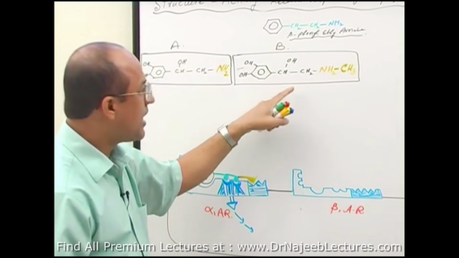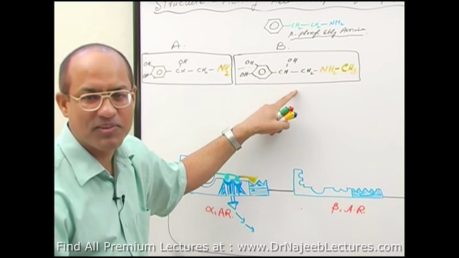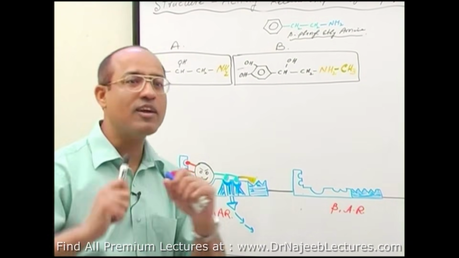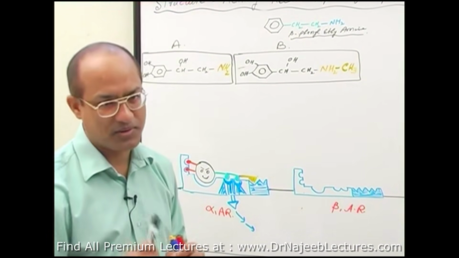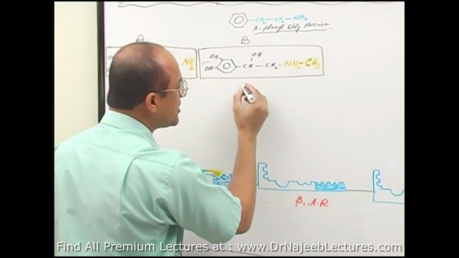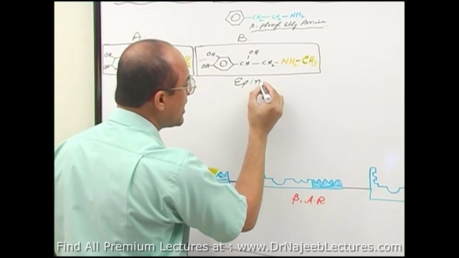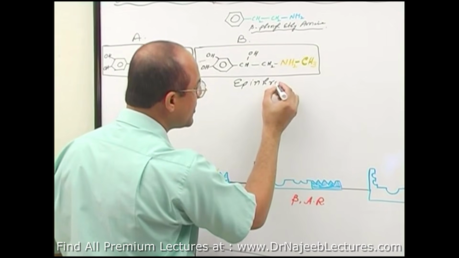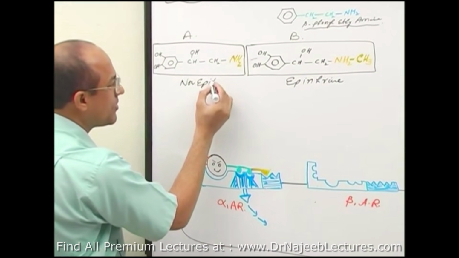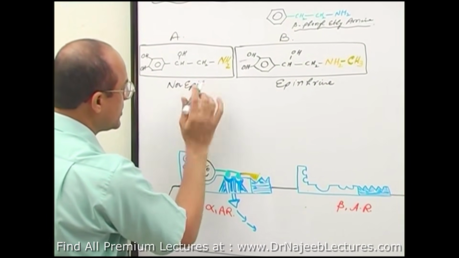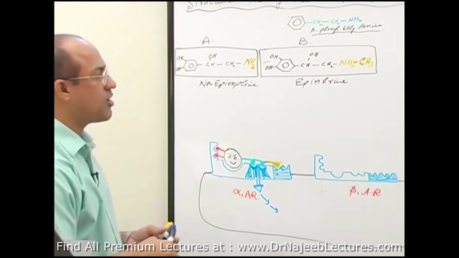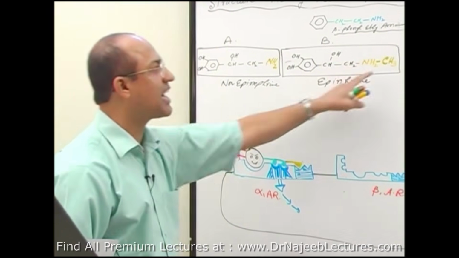Is that right? Every one of you knows the name of these compounds, I'm 100% sure. Very good. This B compound is epinephrine. Have you heard of it? And this is norepinephrine. The difference between epinephrine and norepinephrine is that epinephrine is methylated.